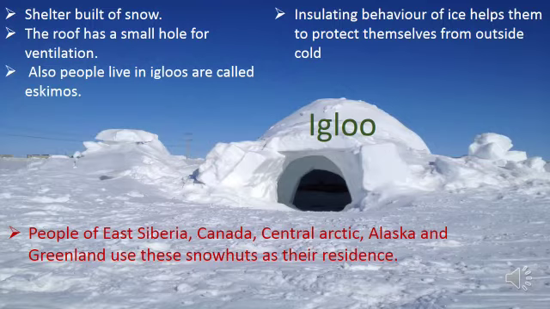Next is igloos. Children, remember what igloos are? We had studied about it in the previous classes. Yes, igloos are houses made up of snow. These houses are built at those places where there is snow throughout the year, especially the places of East Siberia, Canada, Central Arctic, Alaska, and Greenland.